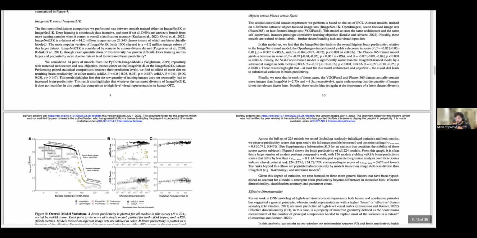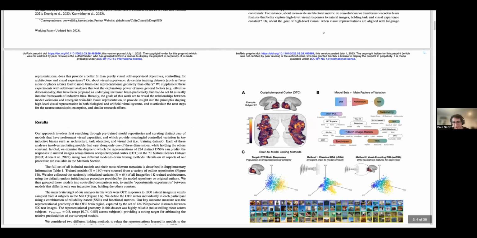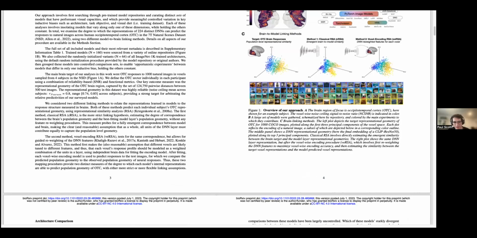I would actually like to understand better the specifics of what they are actually doing with this RSA. So they have all these models.